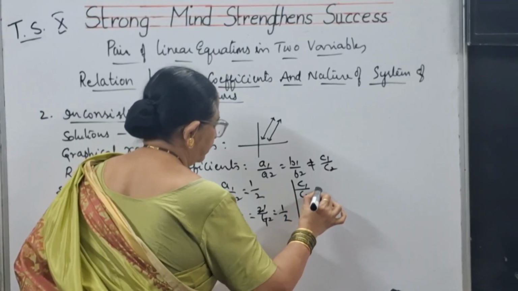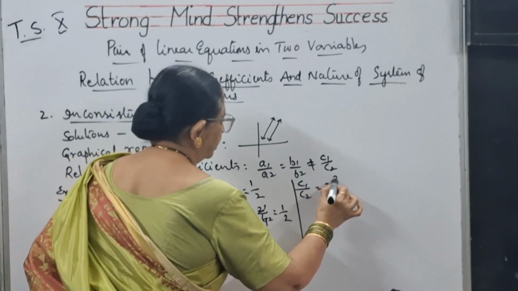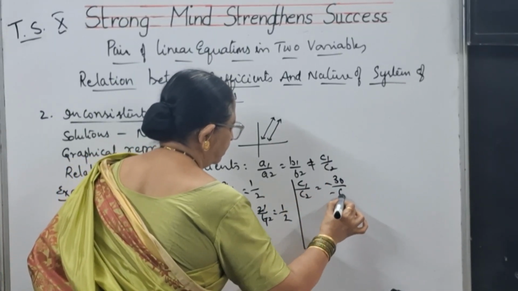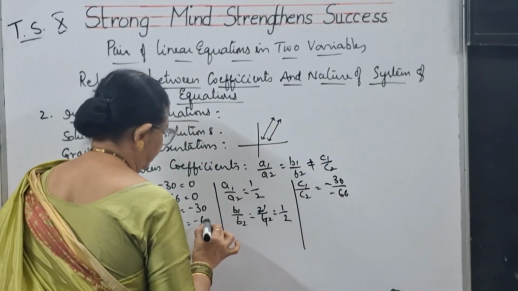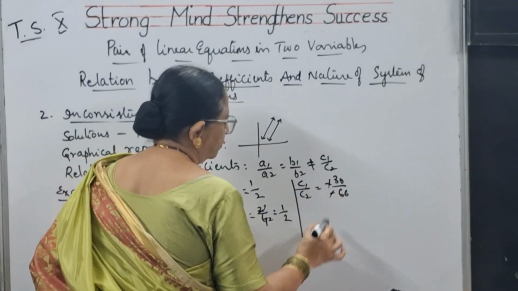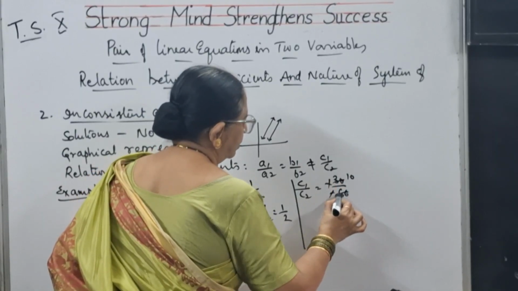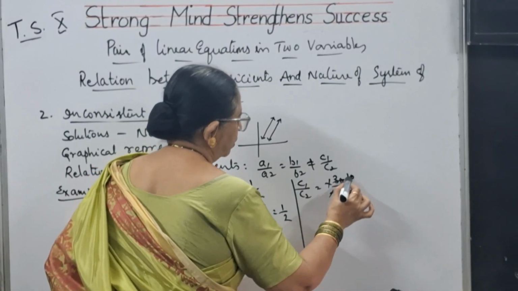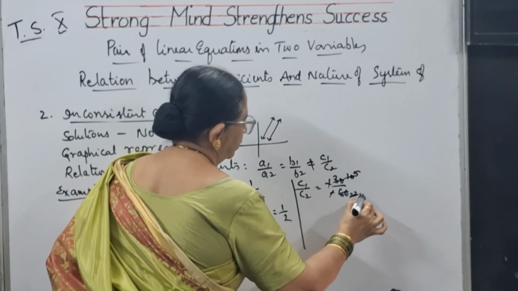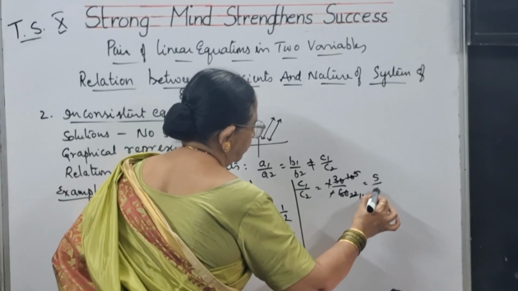What is c1 by c2? Minus 30 by minus 66. The minuses will get cancelled. Then 3 tens are 30, 3 22s are 66, 2 5s are 10, 2 11s are 22. I am getting 5 by 11.